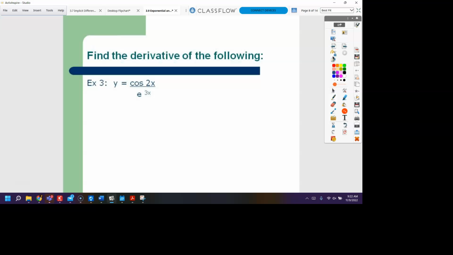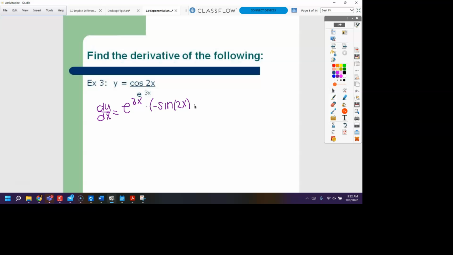That's a quotient rule with a chain rule with an e to the x. So dy dx equals ODI. So bottom times derivative of the top. Derivative of cosine is negative sine. And then you have to multiply by the inside angle.